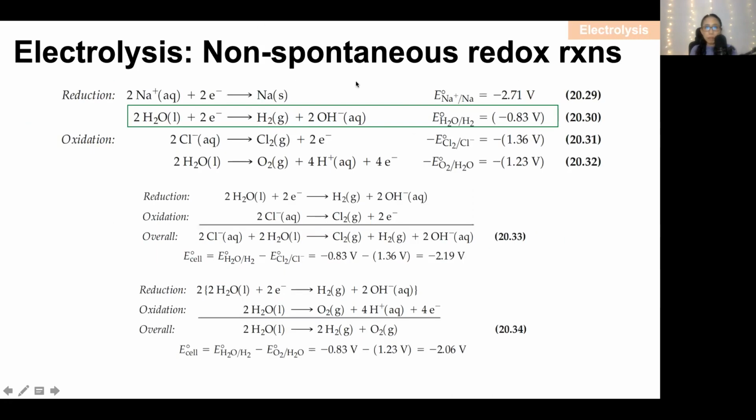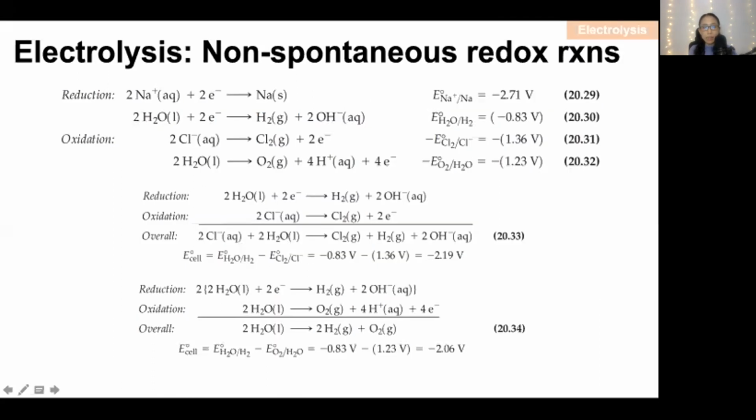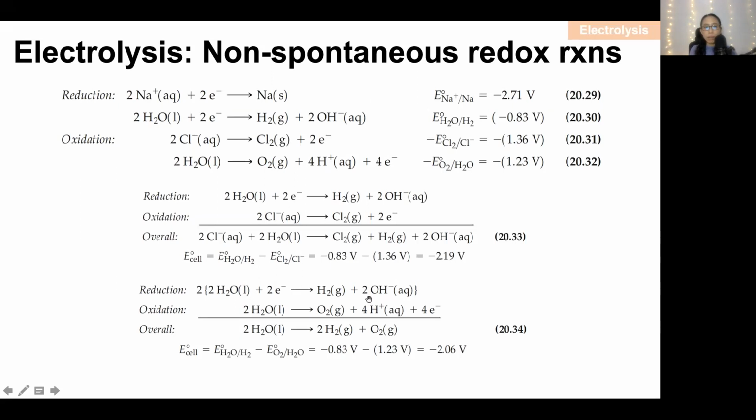again, going back to the first factor that I mentioned, which is overpotential, okay? Oxygen gas has a higher overpotential than chlorine gas, if I remember correctly. Which means, most likely, ang mangyayaring oxidation reaction ay yung oxidation ng chloride ions instead of oxygen.